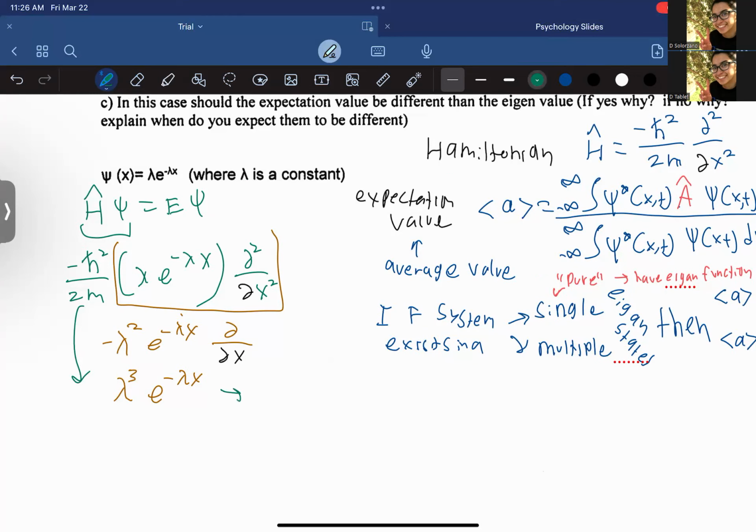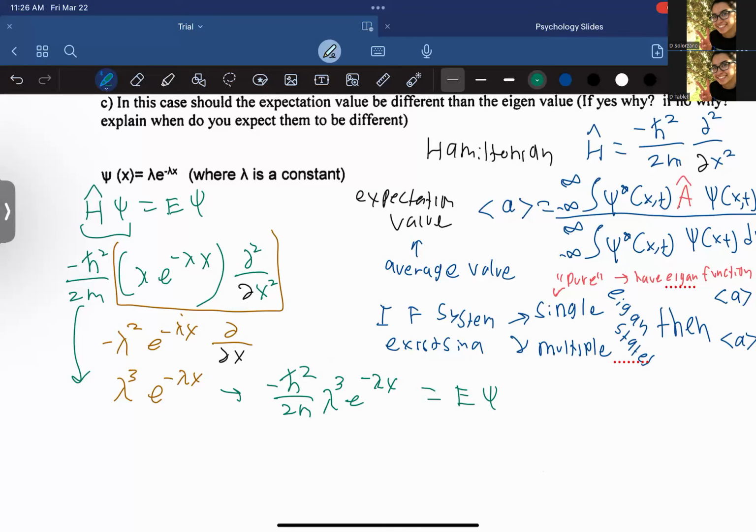So that we get negative squared over 2m wavelength 3, then e negative wavelength x as our formula, and that's going to be equal to our eigenvalue wave function.